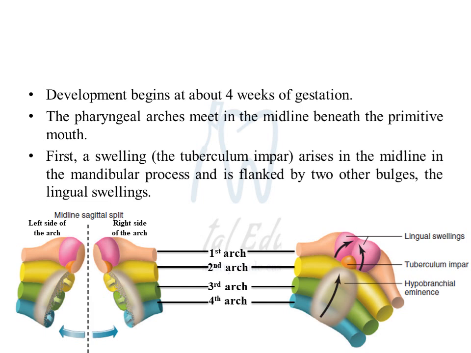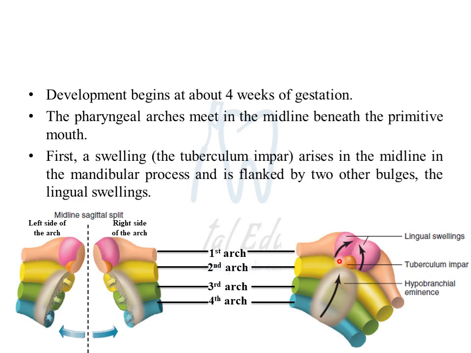So how does the tongue start to develop? First we see a swelling known as the tuberculum impar that appears in the middle of the first pharyngeal arch. In the center or in the midline of the first pharyngeal arch, you can see this is the left half, this is the right half of the first pharyngeal arch. So it appears in the middle of the first pharyngeal arch. It is now flanked, or overgrown, by two other lingual swellings.